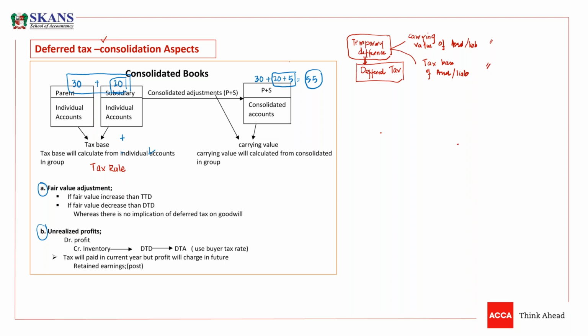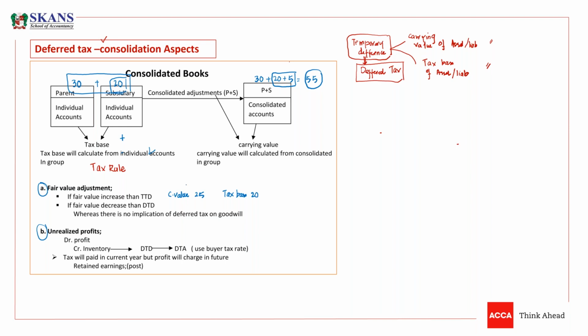So it means there is a gain. So we have booked a gain, guys. What is the impact of this 5 gain on carrying value? Carrying value has increased. In my example, carrying value is 25, tax base from individual books is 20.